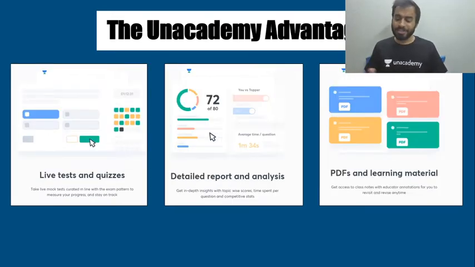Next, as I mentioned, we have a lot of live tests and quizzes. We take mock tests, right? So what do we do with that? We give you an in-depth report, a very detailed analysis. Stuff like topic-wise scores, right? How much time are you spending on every question? What is the section that is taking the maximum time? What section is weak?